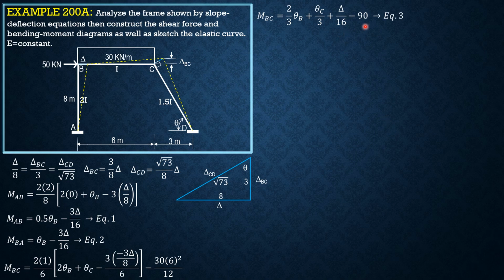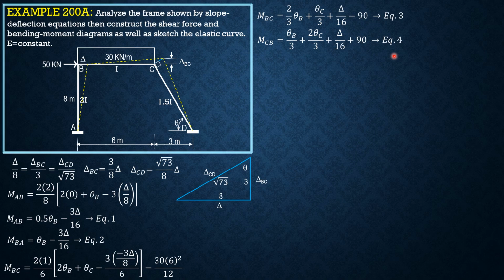Call that equation 3. Then for MCB, interchange coefficient, copy, and by symmetry, this is positive 90 because the loading is rectangular and it is across the entire span of BC. So theta B over 3 plus 2/3 theta C plus delta over 16 plus 90.